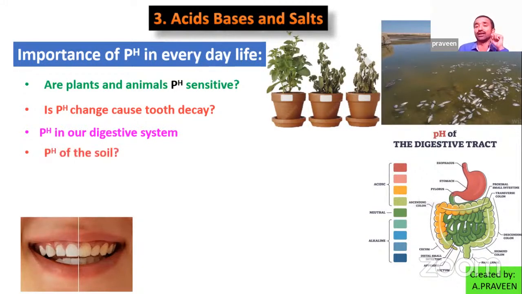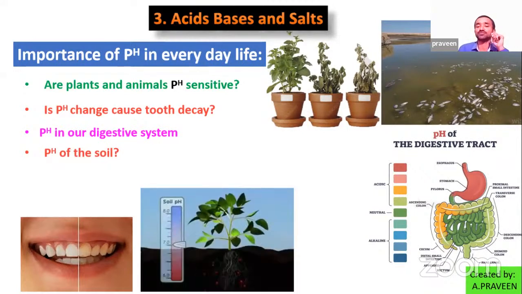Then pH of the soil, we have importance with the soil also. Why, sir? How, sir? It is giving life to the plants, for example. Seed growth, tiny plants, then big trees also. They are sensitive towards this pH.